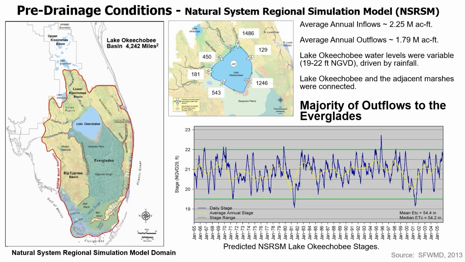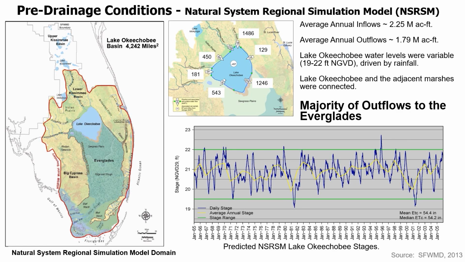Lake Okeechobee receives runoff from an upstream watershed covering over 4,000 square miles. The pre-drainage average annual inflows based on the Natural System Regional Simulation Model were approximately 2.2 million acre-feet, which included flows from adjacent marshes upstream of the Caloosahatchee and St. Lucie estuaries.